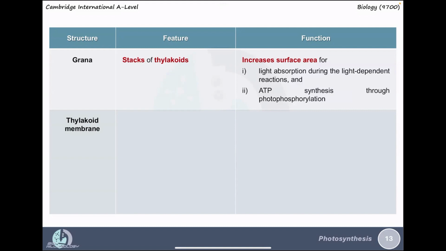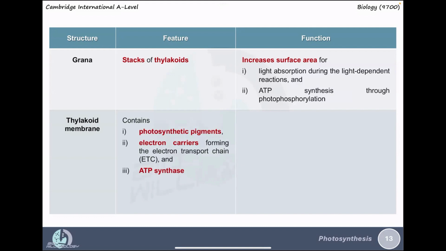Thylakoid membrane contains photosynthetic pigment, electron carrier, as well as ATP synthase.